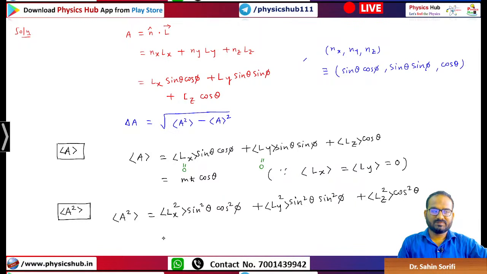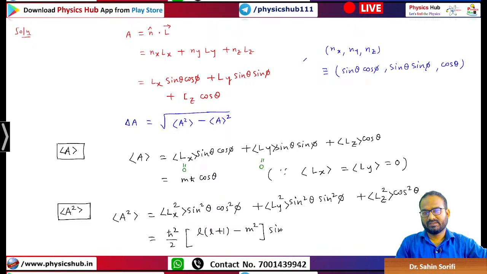And what is the expectation value of Lx square? We have already given you the formula, that is h cut square by 2 times L into L plus 1 minus m square, multiplied by sin square theta cos square phi. And what is the expectation value of Ly square? You know, the expectation values of Lx square and Ly square are the same.